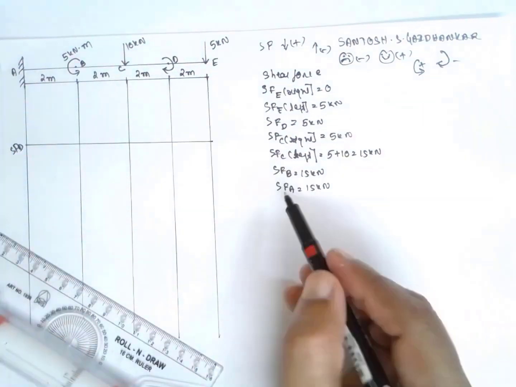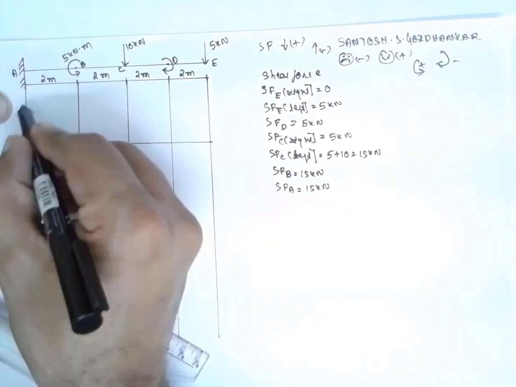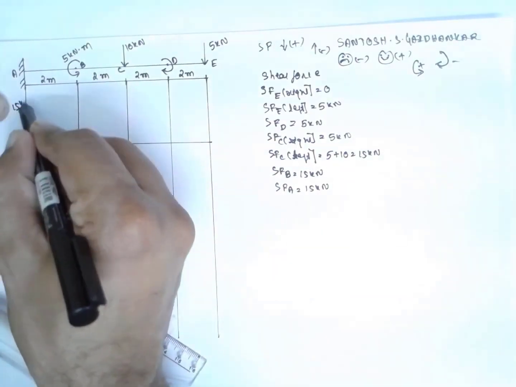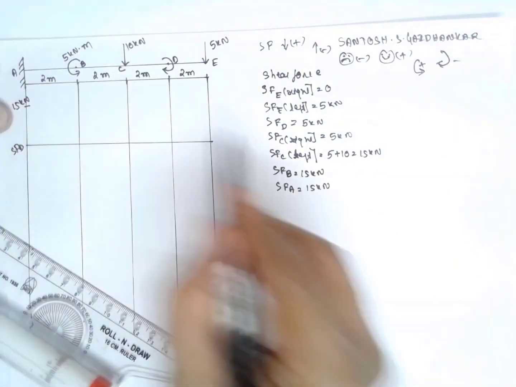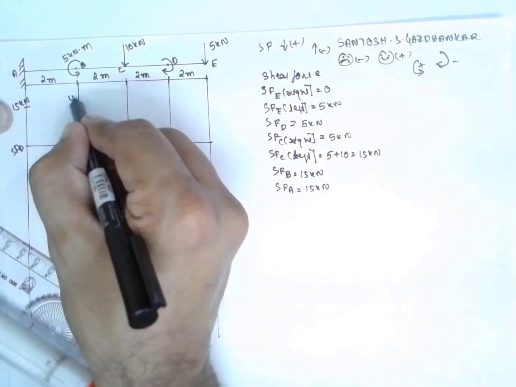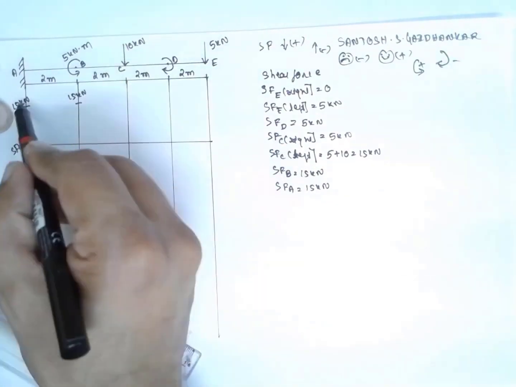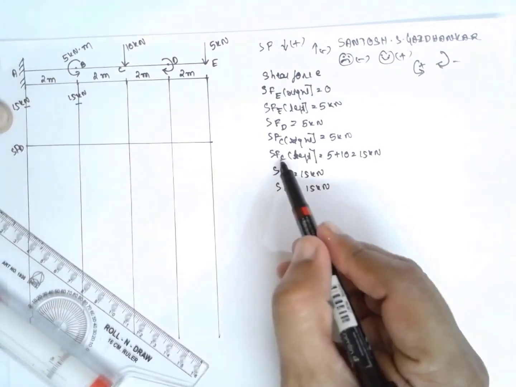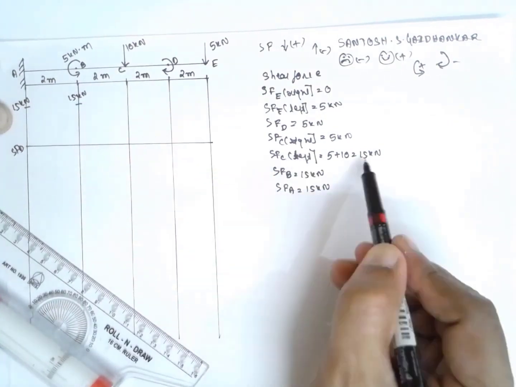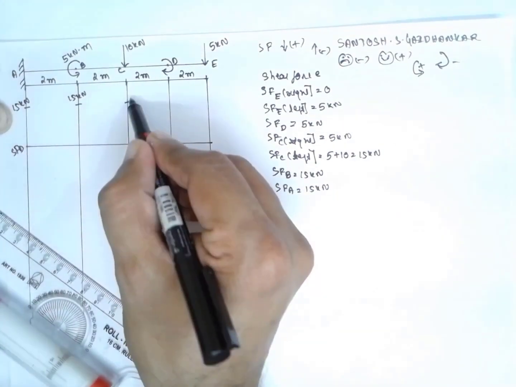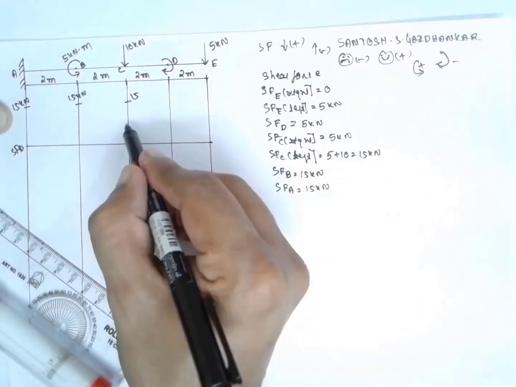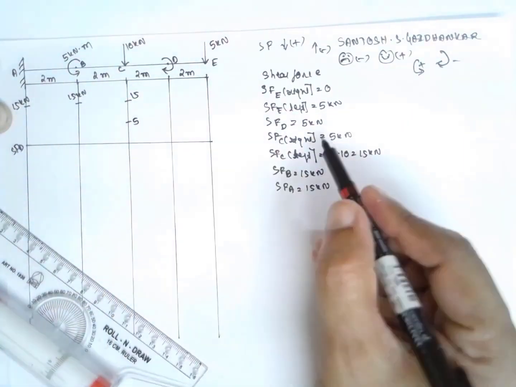First at A, mark it as 15 kilonewton. Next at B, again 15 kilonewton. It is a straight line. At C there are two values, first is 15 and second is 5 kilonewton.